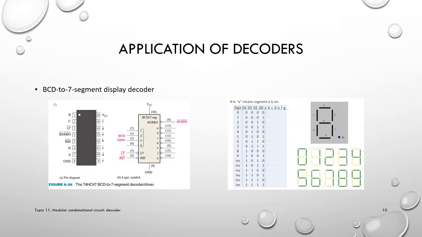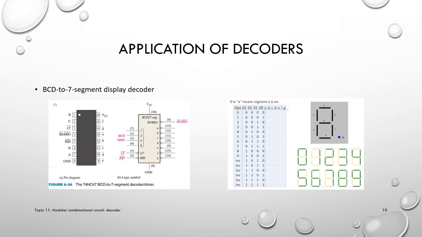The last commonly used application for decoder I want to introduce here is to drive the 7-segment display, LCD display. Okay, this type of display is commonly seen in a calculator or on a PCB board. And we will use a special decoder to do this job. This decoder is called BCD to 7-segment display.